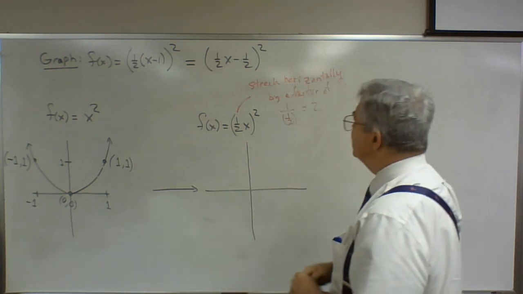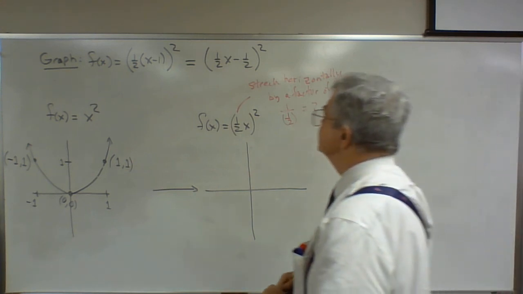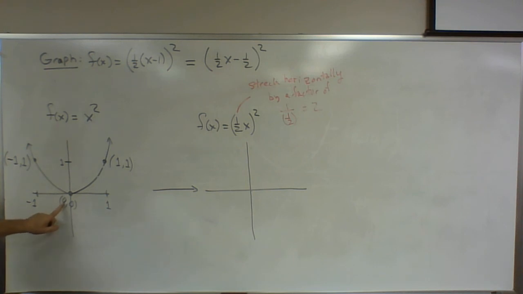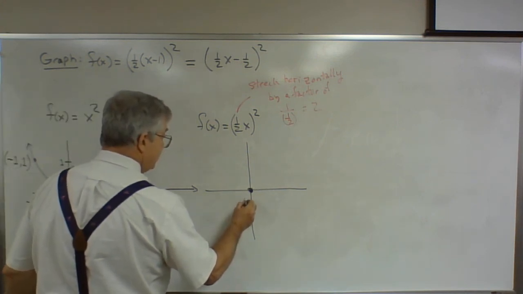So we're going to stretch everything by 2. Horizontally. The x-coordinate here is 0, so if I multiply it by 2, I still get 0.